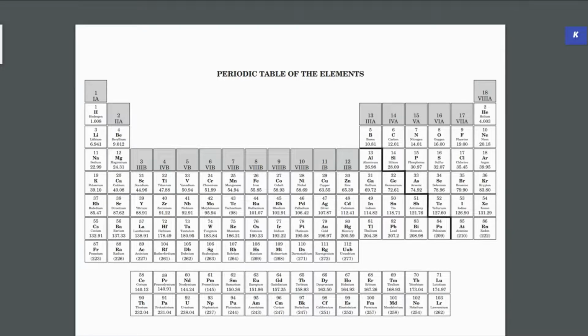Now, the groups. As you can see here, you have group 1, 2, 3, all the way up through 18. What they have in common is that these all have similar properties. Like with group 18, you can see that you've got helium, neon, argon, krypton.